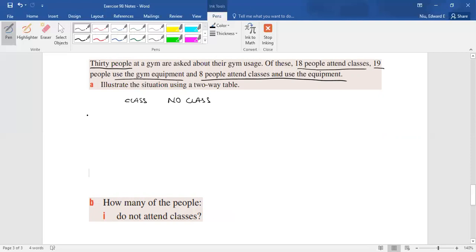On the side panel, we'll have equipment, and then also no equipment. Down below, we'll have totals. And on the side here, we'll also have totals.